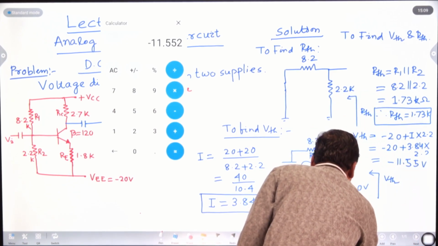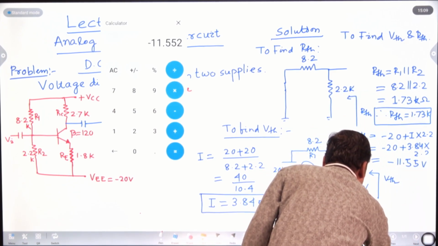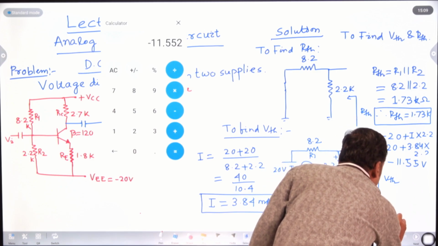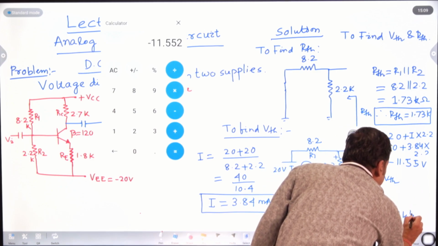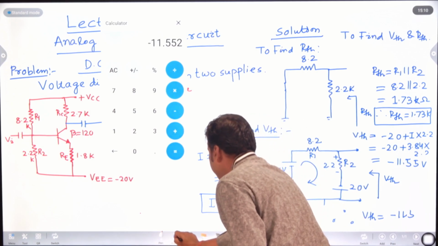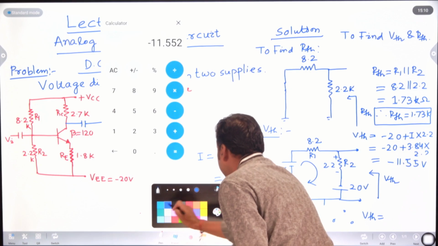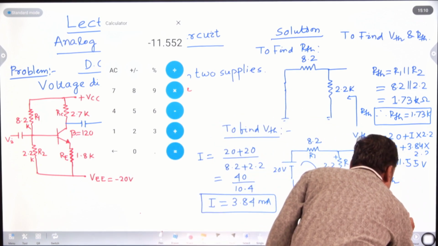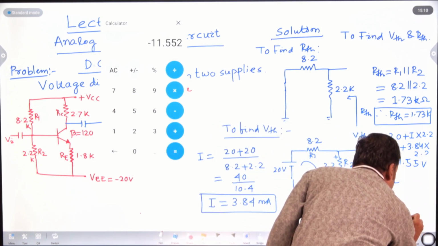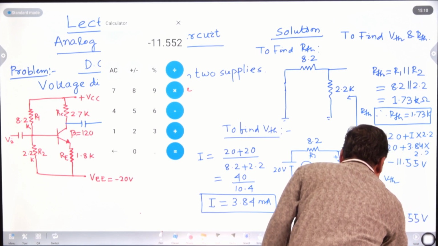Therefore, VTH, Thevenin's voltage, equal to minus 11.55 volt. This is your VTH.